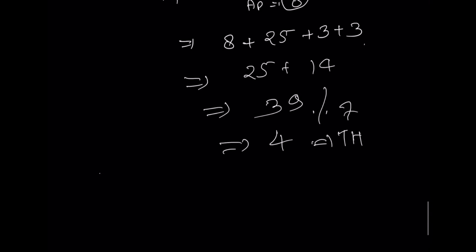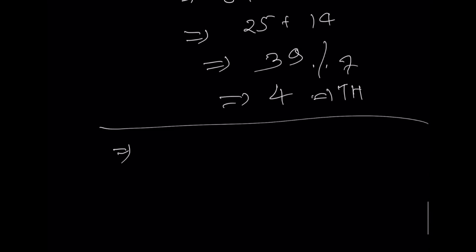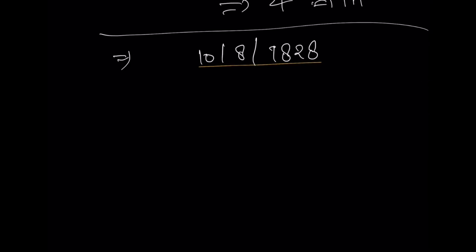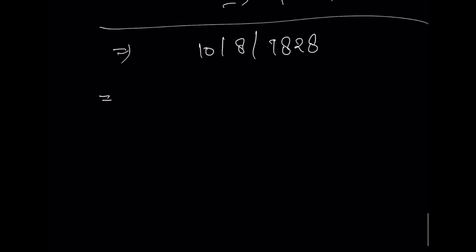Now similarly, let's try to calculate one more random date. Let's say 10/8/1828. Now for 1828 we modulus it by 400.